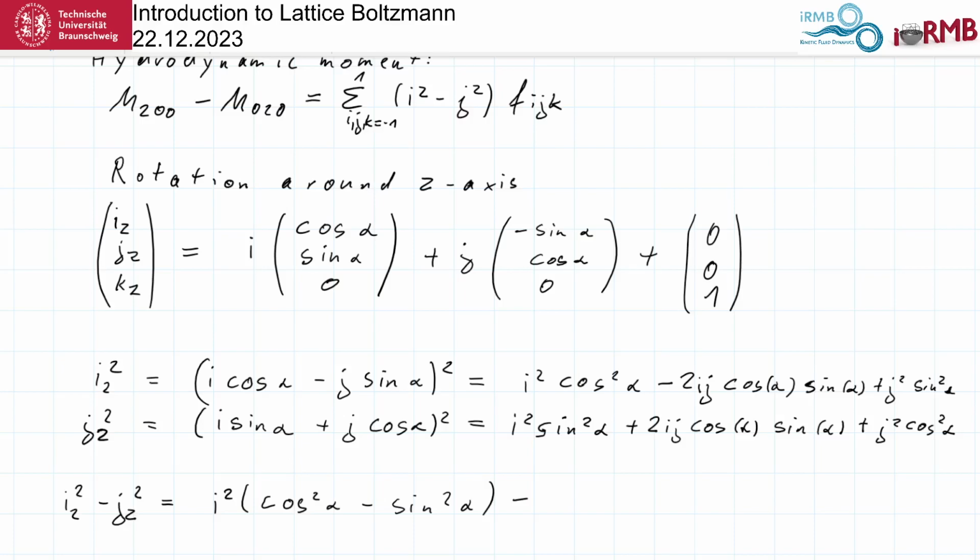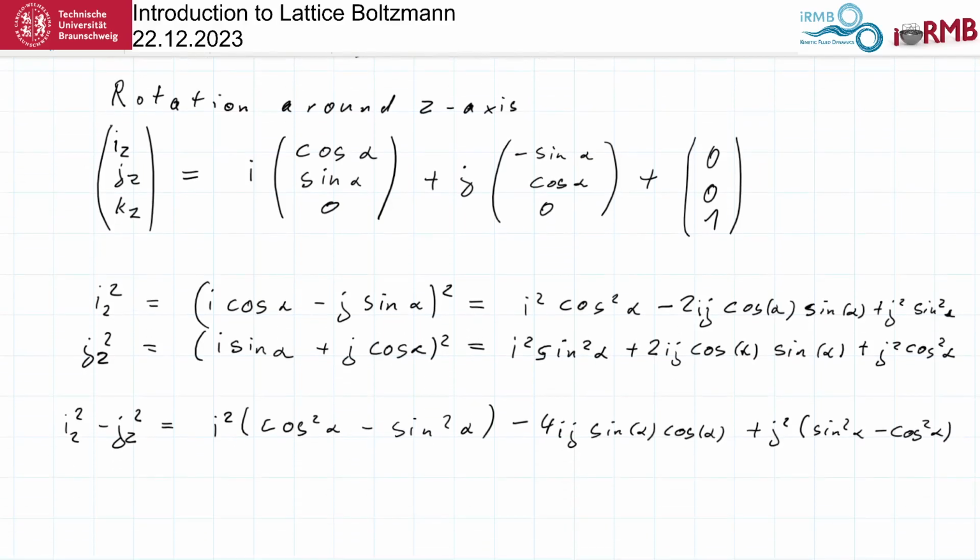Then we have 4 times ij sine alpha cosine alpha, and also we have j squared times sine squared alpha minus cosine squared alpha.